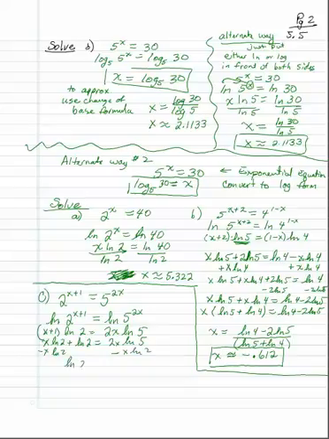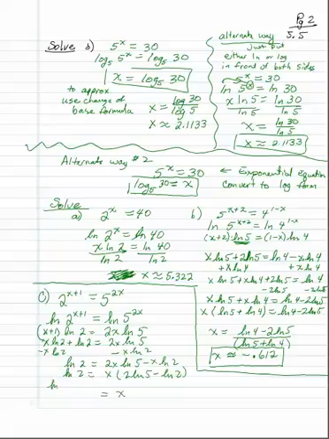Now let's get all the x terms on one side. So we got ln 2 equals 2x ln 5 minus x ln 2. Factor out the x, and then you're left with 2 ln 5 minus ln 2. And then you're going to divide by the parenthesis.